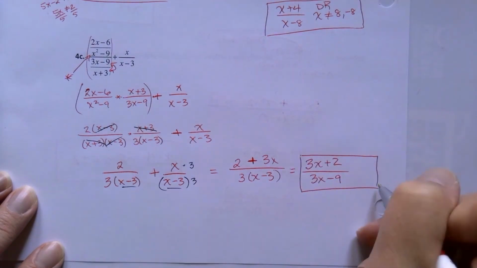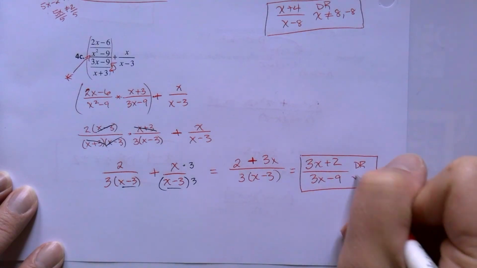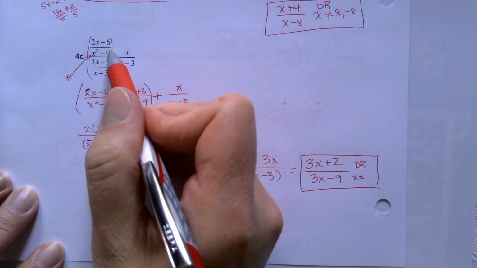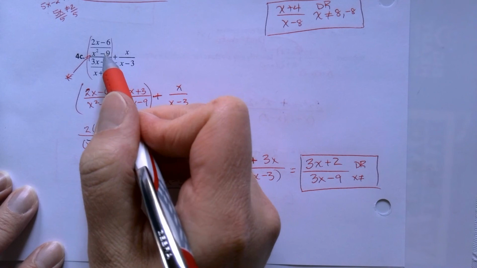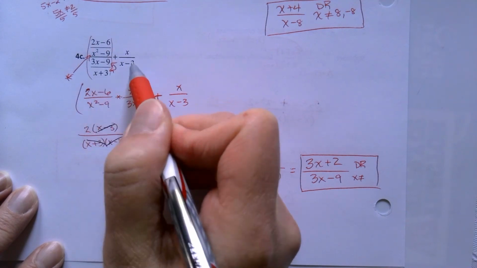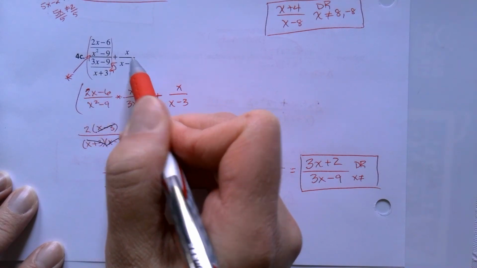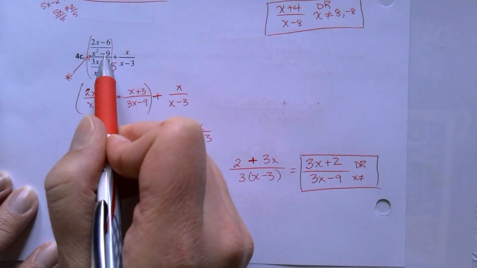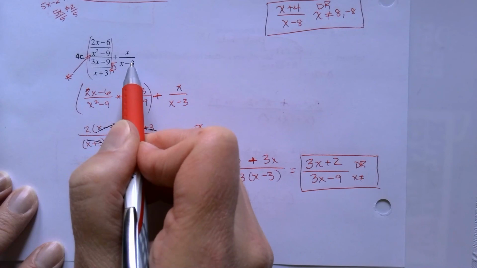And I need to talk about a domain restriction one last time. And that domain restriction comes from several places. So I need you to come back to this idea that I'm dividing by this. I'm dividing by x plus 3, I'm dividing by x minus 3, but I'm also dividing by this 3x minus 9. So anything that follows a division symbol is a domain restriction.